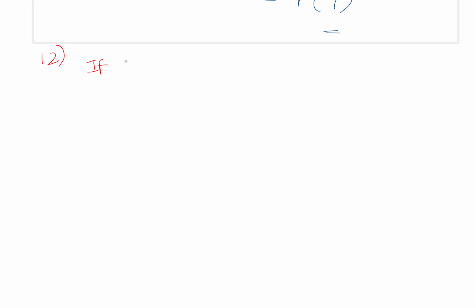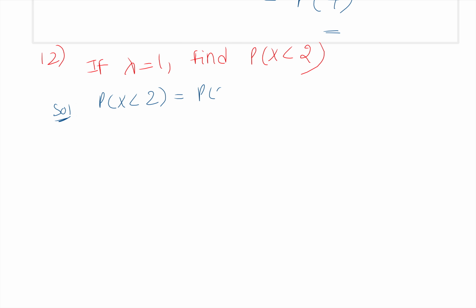And if lambda is equal to 1, find the probability of x less than 2. Probability of x less than 2 is equal to probability of 0 plus probability of 1. So we have to substitute.